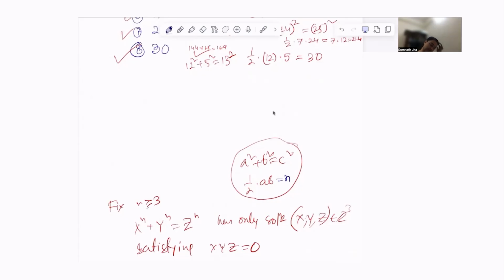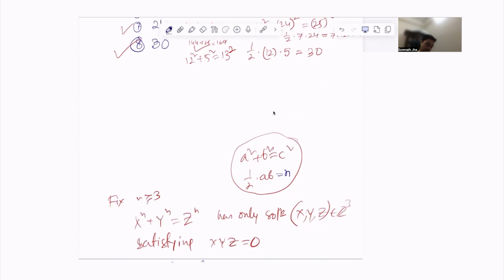When you are studying a Pythagorean triplet a, b, c, we can assume that a, b, c are coprime, that no prime divides a, b, c. Because a, b, c is a Pythagorean triplet if and only if lambda a, lambda b, lambda c is a Pythagorean triplet. So without loss of generality, we may assume that a, b, c are coprime.